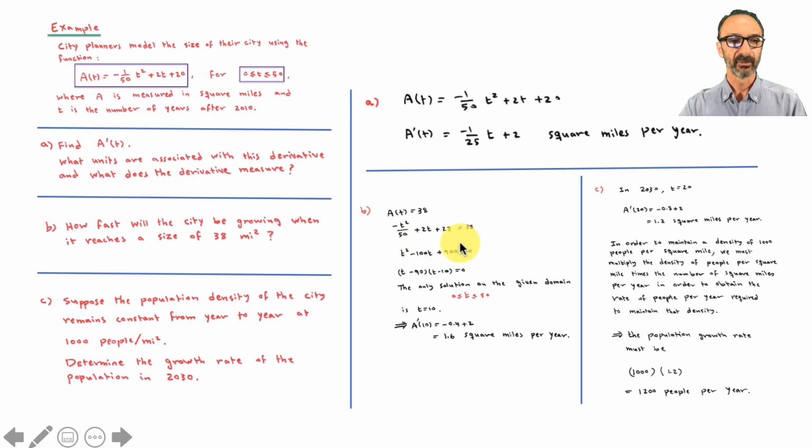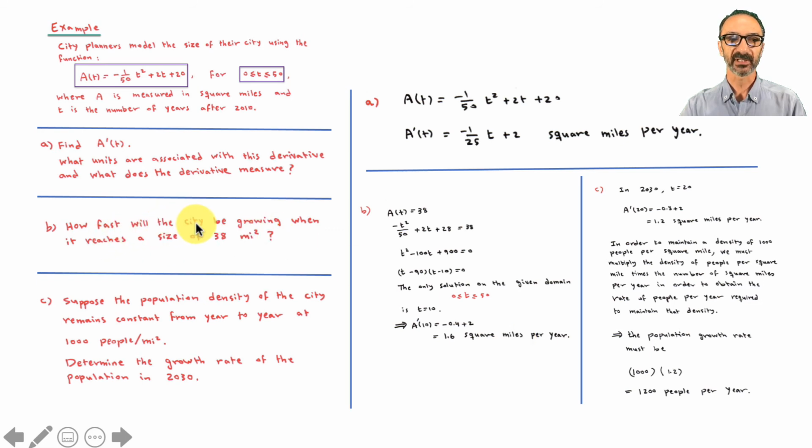You move the 38 to the other side, factor it, and solve. I get 10 and 90. We're just going to take 10 because 90 is out of my domain. A prime is so and so. Plug in 10 and I get 1.6 square miles per year.